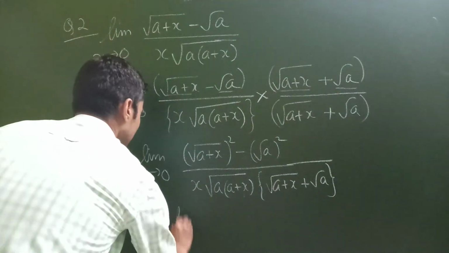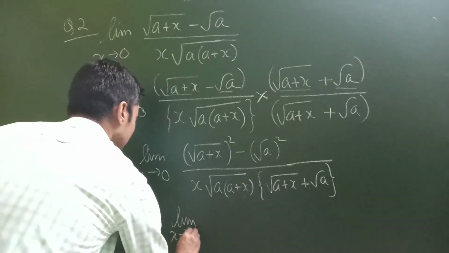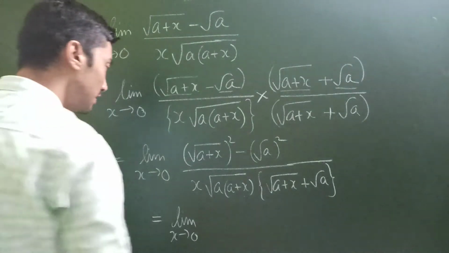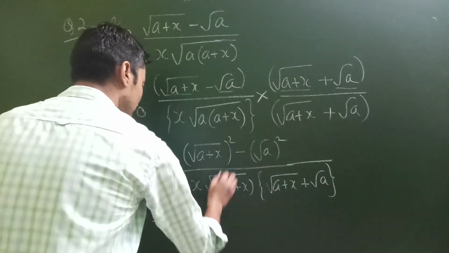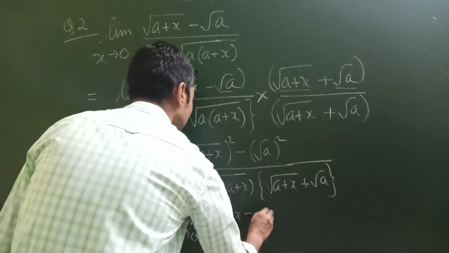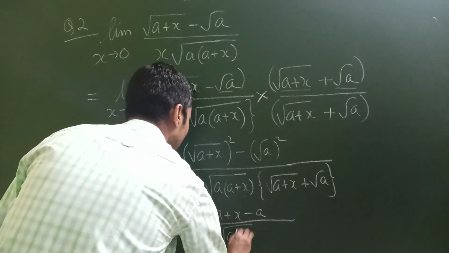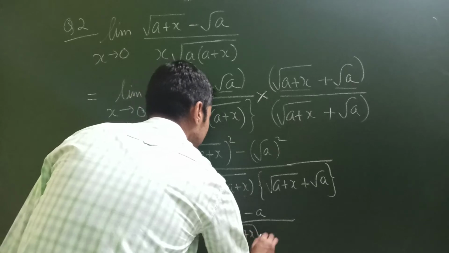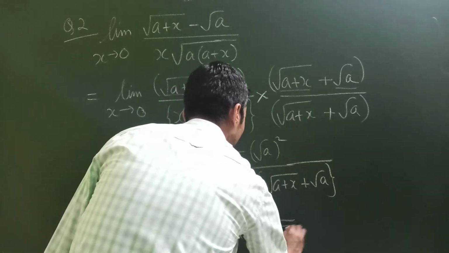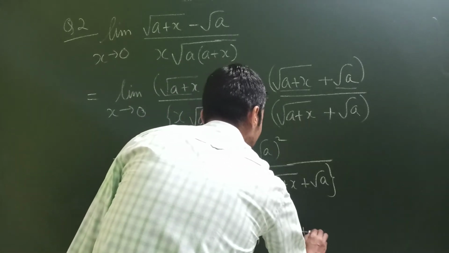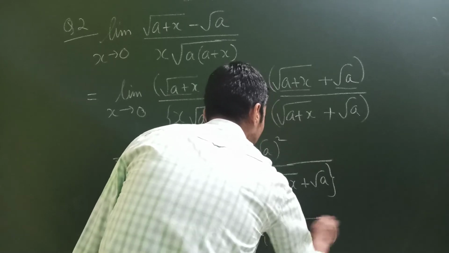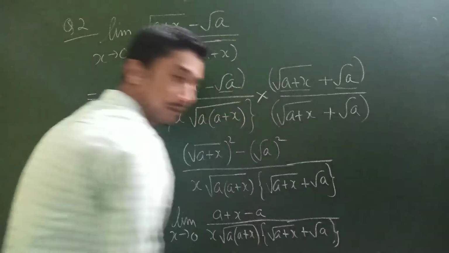A plus x plus root of a. Alright, so I'll just write one more line here. Limit as x tends to 0. So now this is square root, that's only a plus x minus a, so x upon root of a plus x, root over of a plus x plus root over of a.